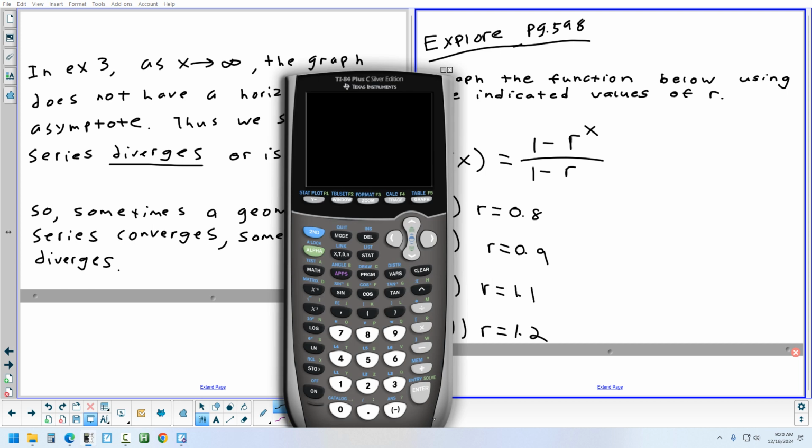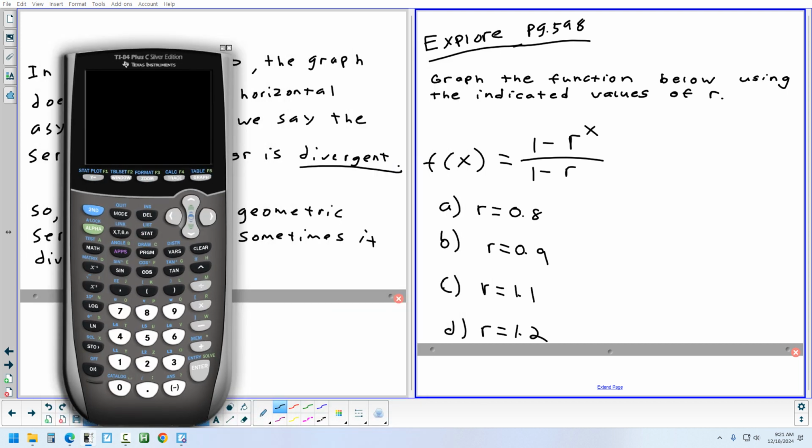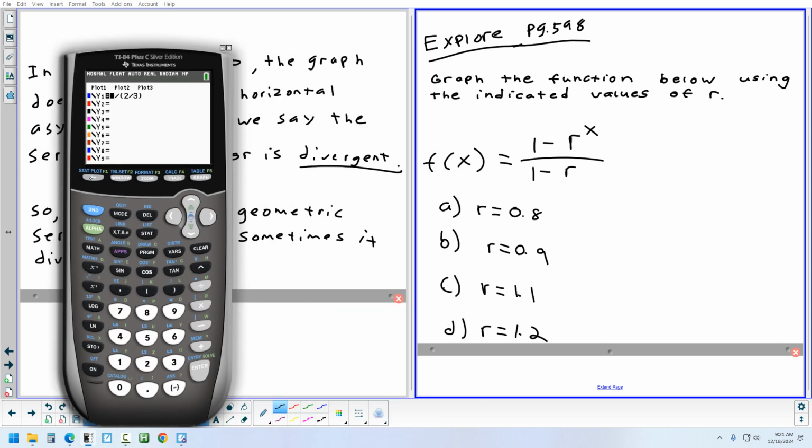Okay. Let's try 0.8. Okay, so you need a few parentheses to type all this in. So it's going to be 1 minus 0.8 to the x. That's my numerator. Divided by 1 minus 0.8.